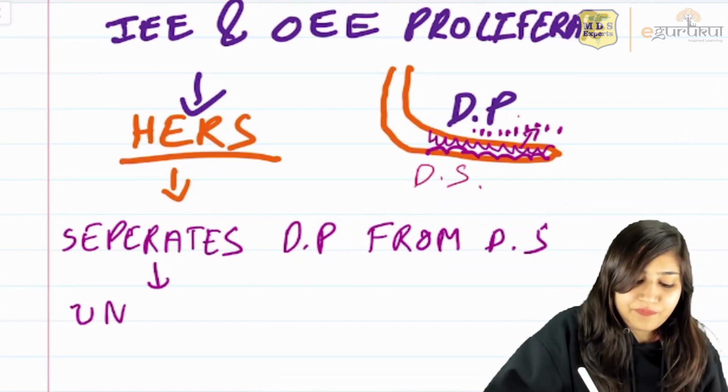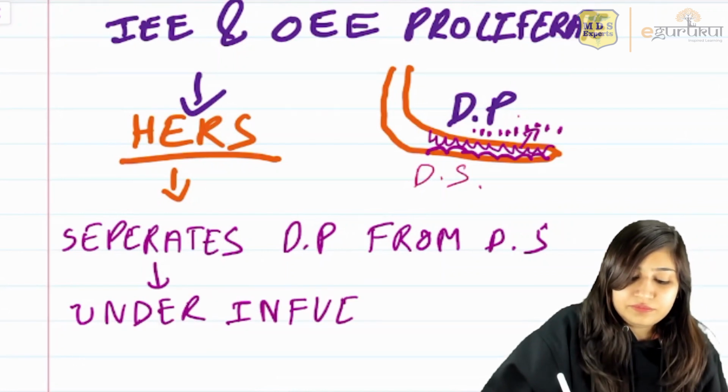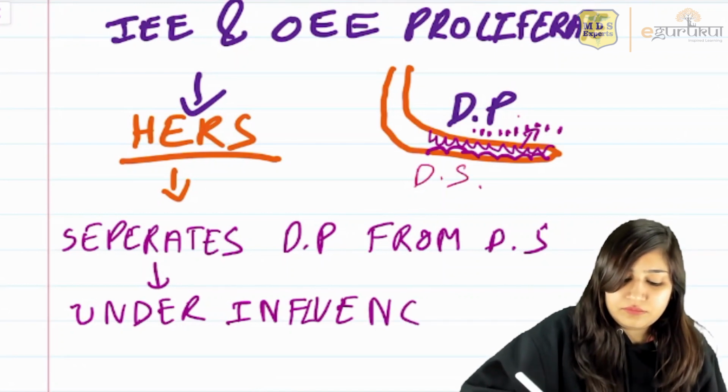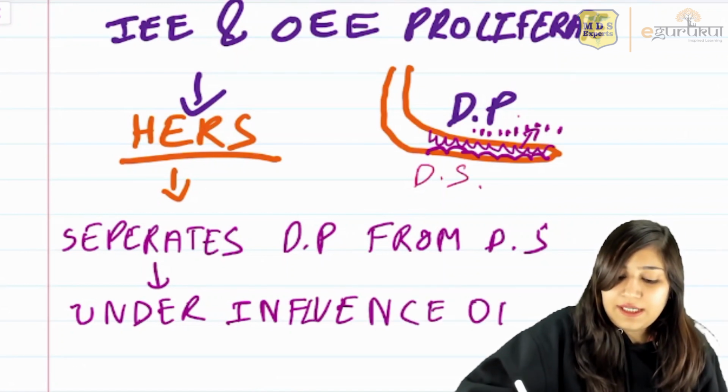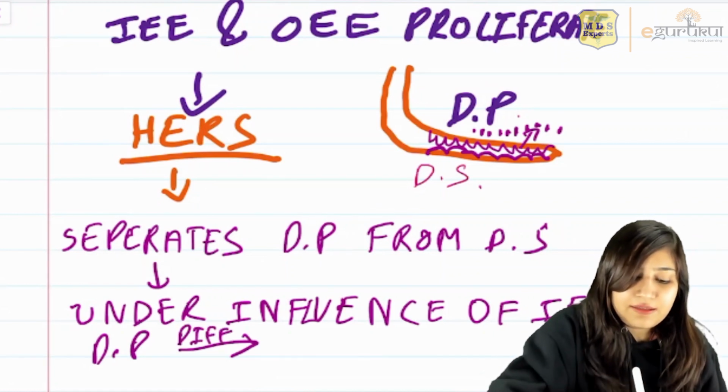So again in HERS, under the influence of inner enamel epithelial cells, dental papilla cells differentiate into which cells?